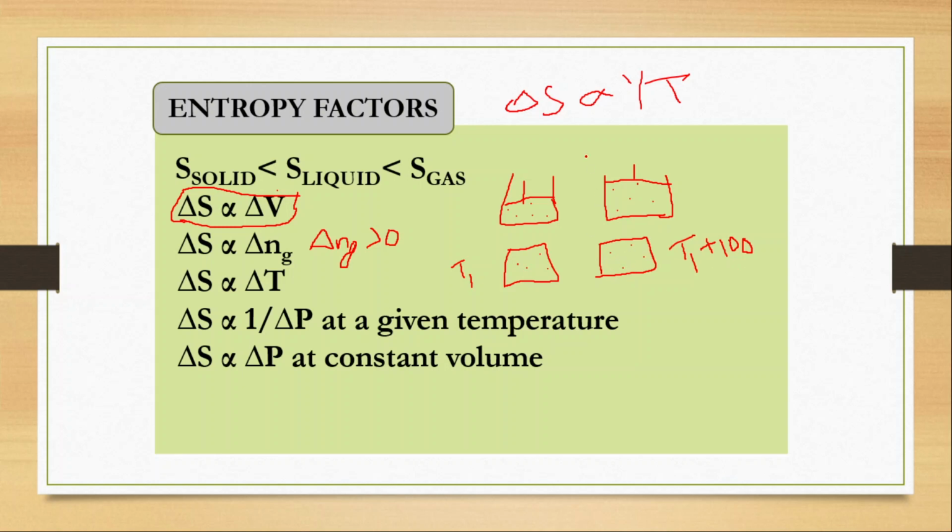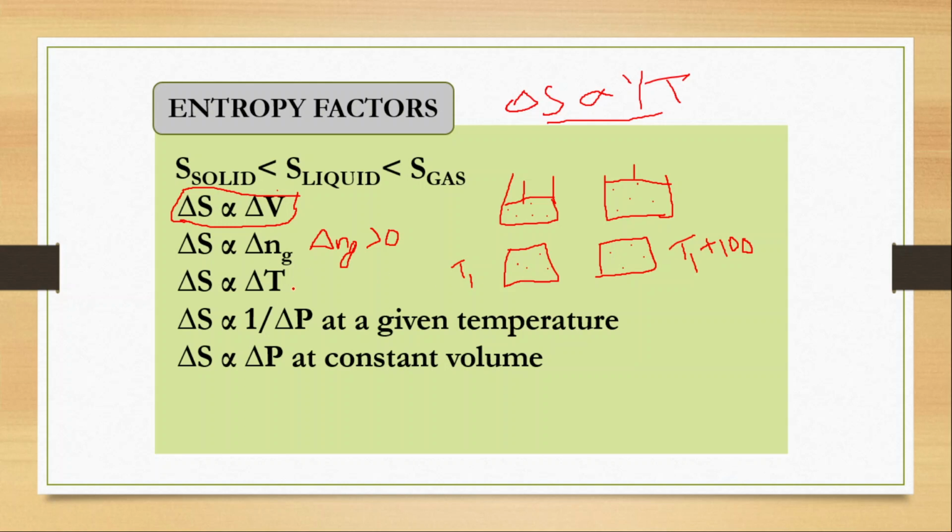When we discussed this part earlier, both substances were not at the same temperature. They were different. The first system was at lower temperature, the second system at higher temperature. So at that time the change was more in the case of lower temperature and less in the case of higher temperature.